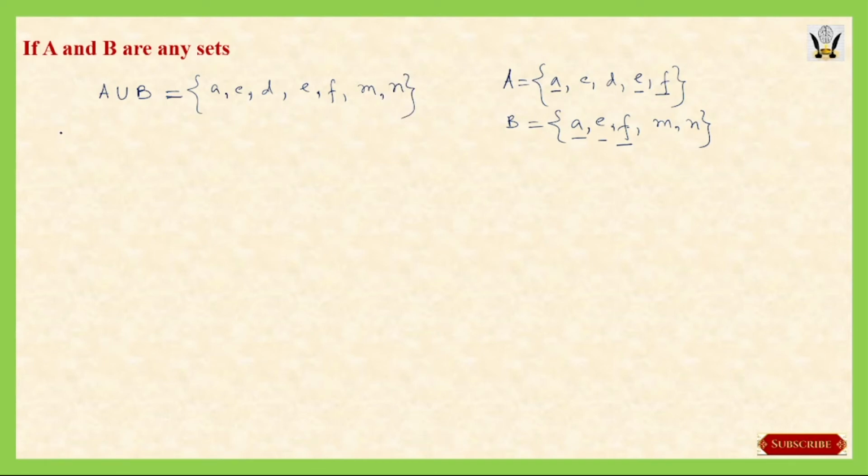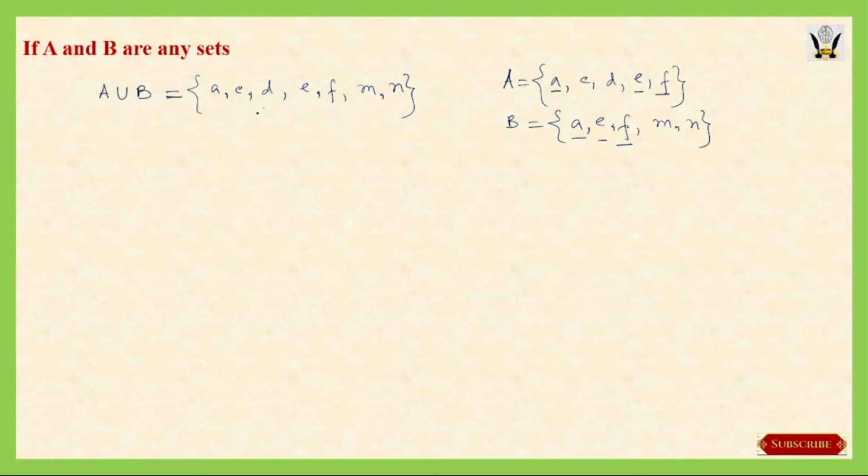Now if we go by the concept or definition of subset, we know that a subset is basically a smaller set and a superset is a bigger set, and all the elements of the subset are the elements of the superset also. But vice versa is not true, because all the elements of the superset are not the elements of the subset. So when we have performed the union operation between A and B, we have obtained this set where we have 7 elements.